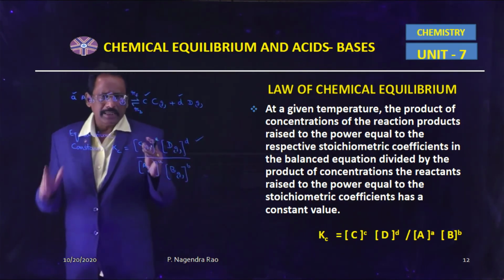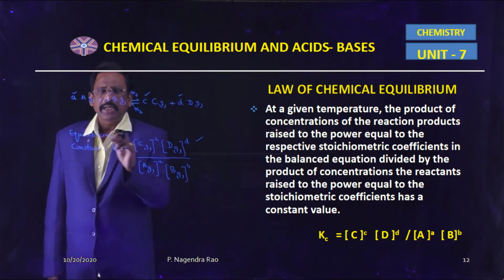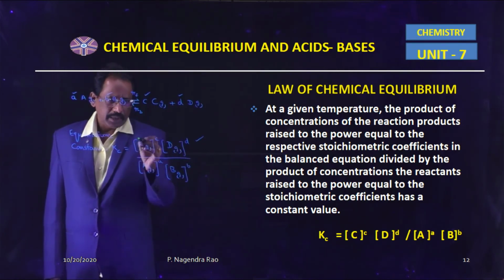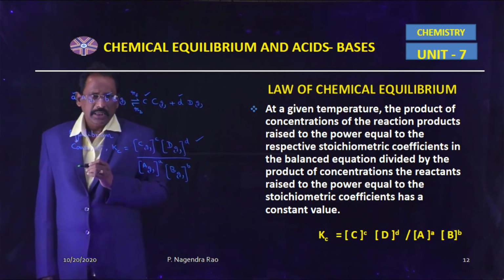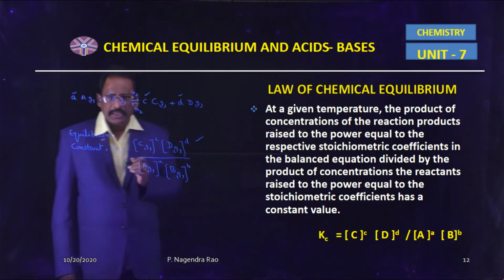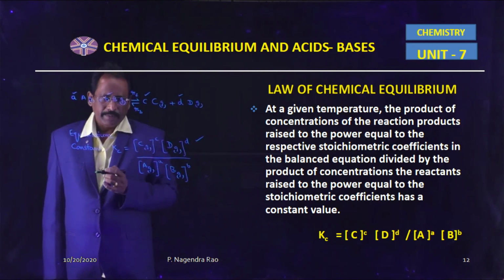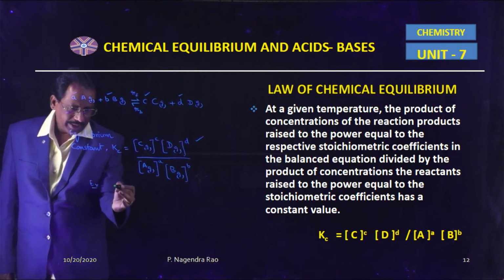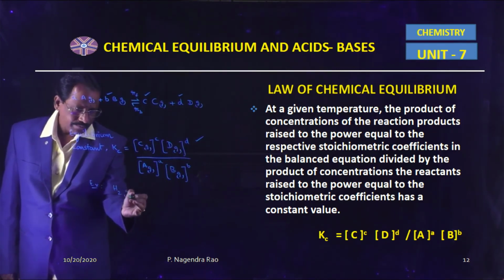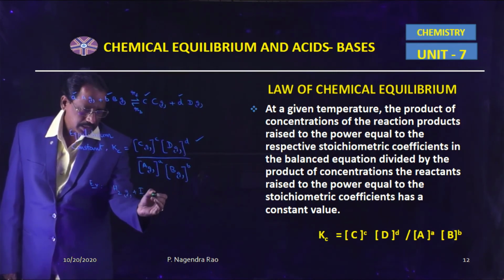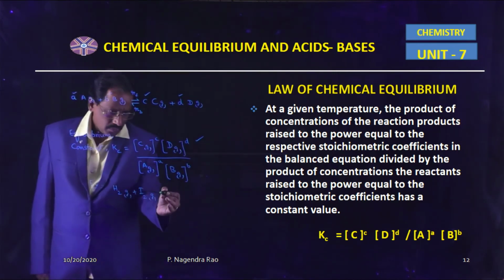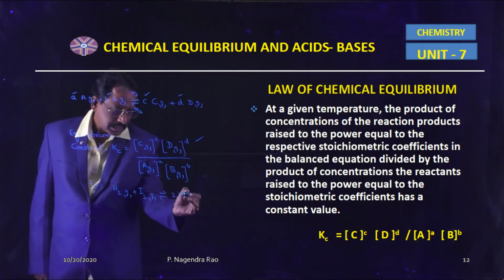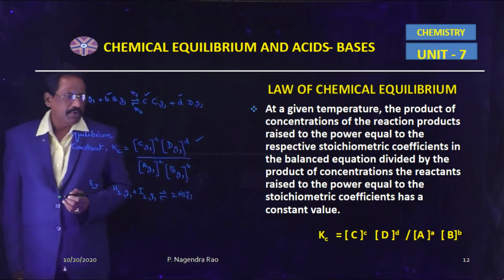This ratio has some constant value, which is known as the equilibrium constant in terms of concentration, because this is the symbolic representation of the active mass, represented by square brackets. For example, when hydrogen gas combines with iodine gas, 2 moles of HI gas is formed.